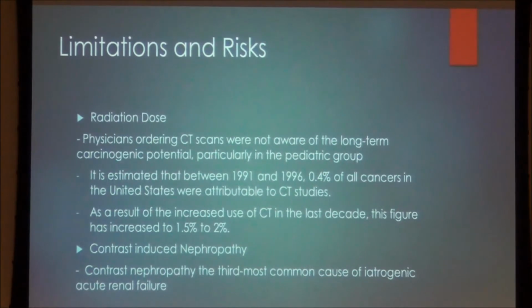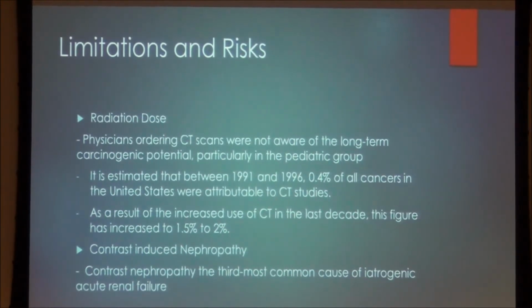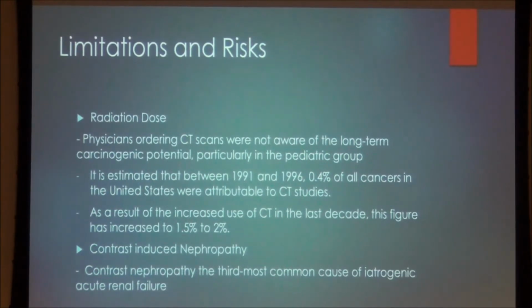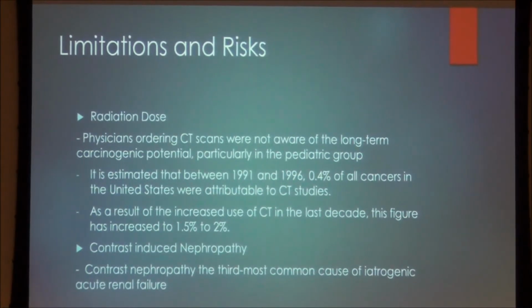It was estimated that between 1991 and 1996, 0.4% of all cancers in the United States were attributable to CT studies, but now this number has increased to 1.5% to 2% of all cancers. And I think most of it is because of the surveillances that we do, and we are trying to find a way to stay away from it.